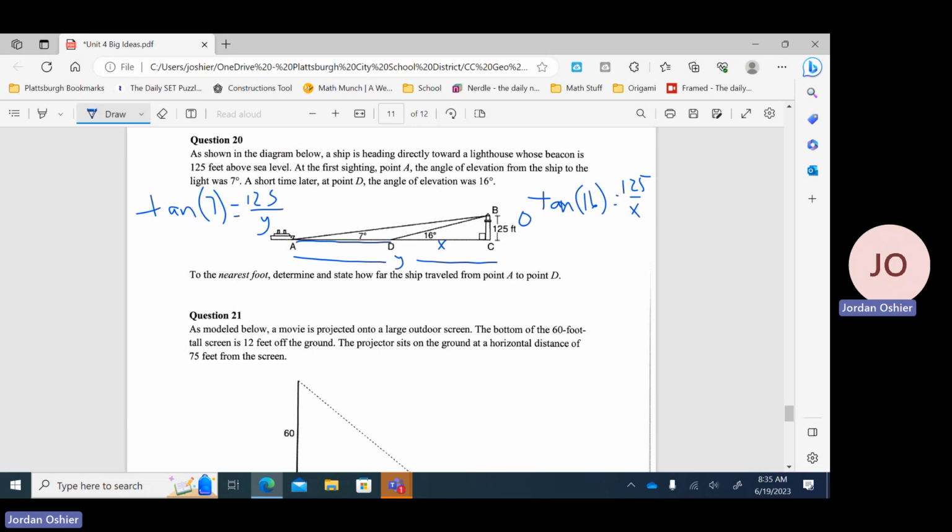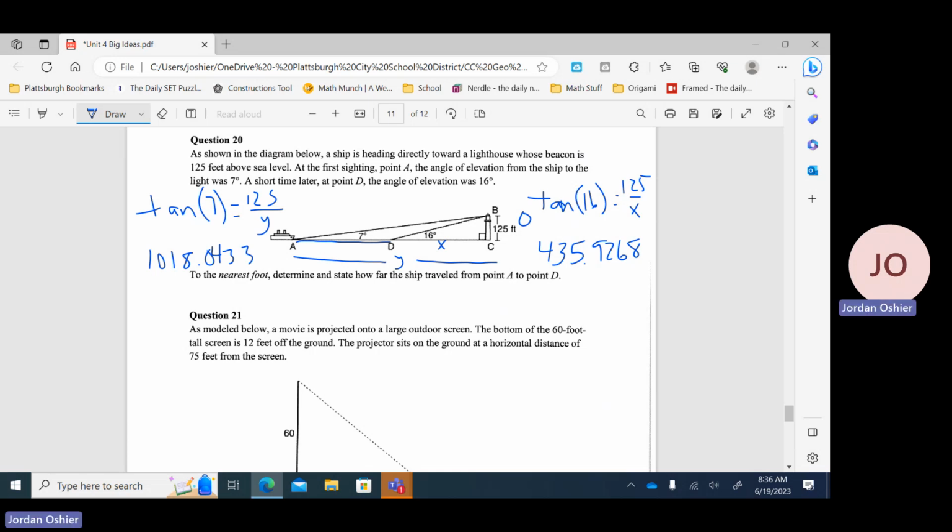So 125 divided by the tangent of 7. So this one's going to give me 1018 and change. And then I can just copy and paste it and switch the angle out for 16, that one is 435 and change. Okay. So now I'm going to subtract those two values.